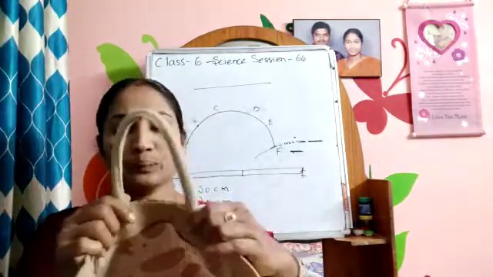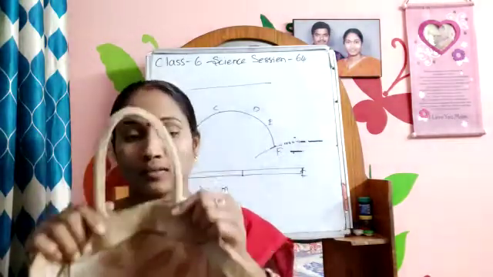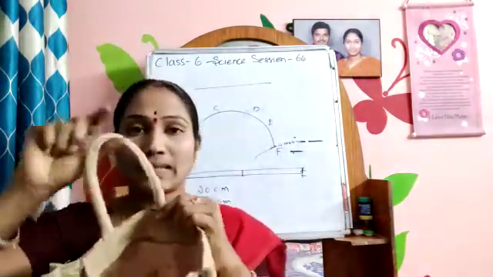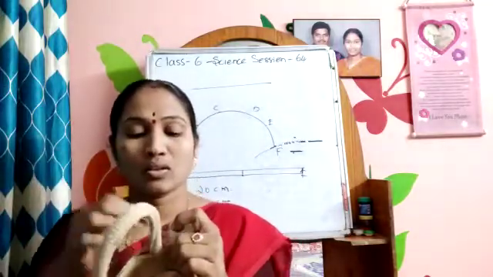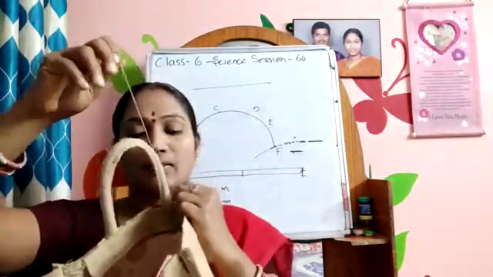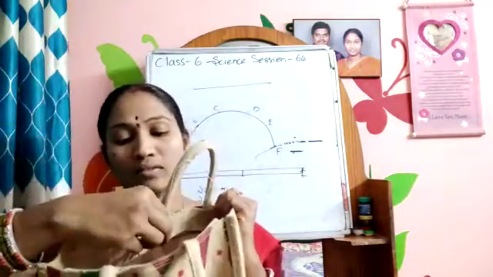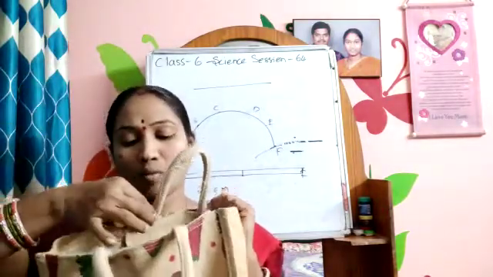For example, if you want to measure the length of this handle, you cannot keep the scale in this way. So take a piece of thread, put one end at the starting point of this handle.